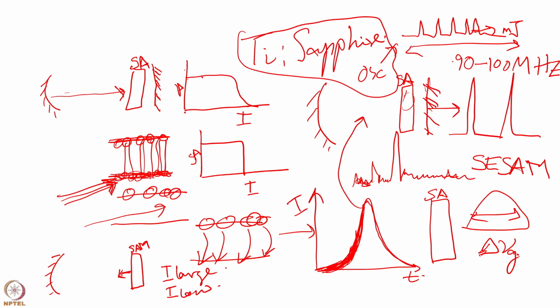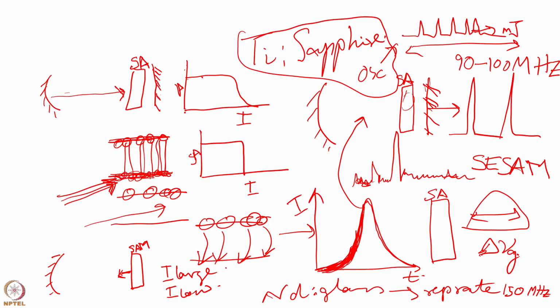In case of Nd glass, you will get a rep rate of around, say, 150 megahertz. It will range between 108 to 150 megahertz. Okay, and you get much more than a millijoule.